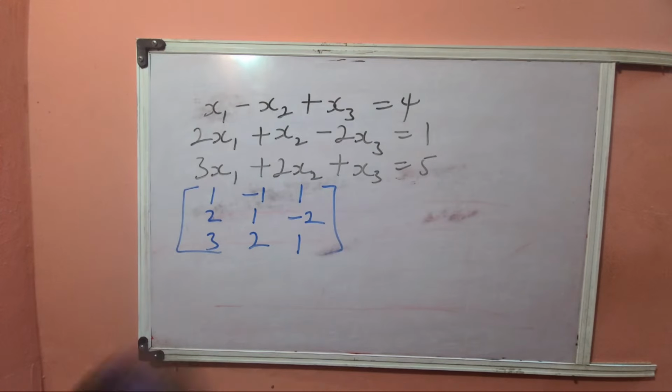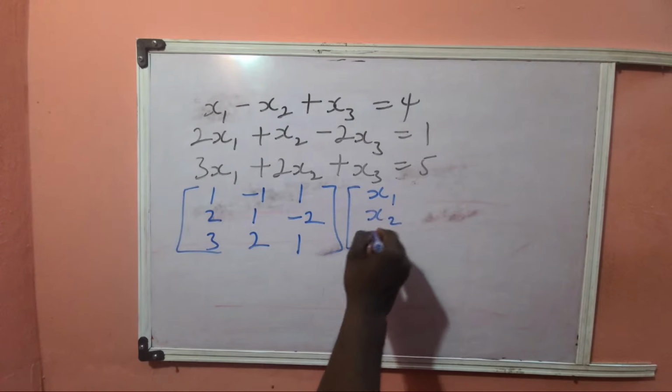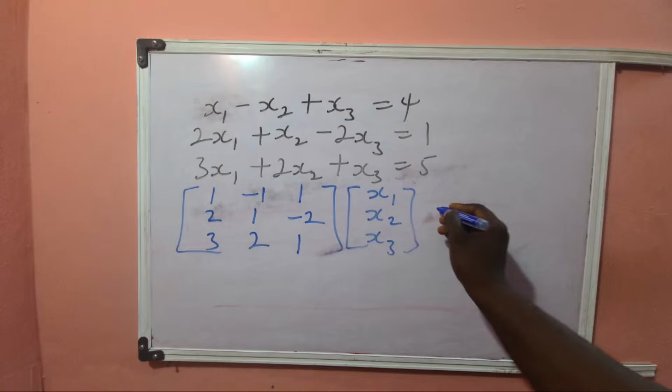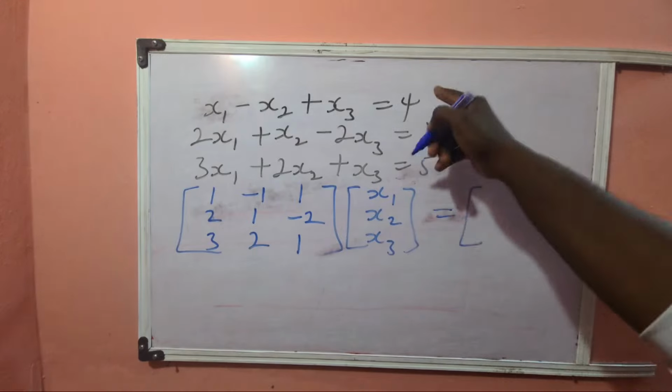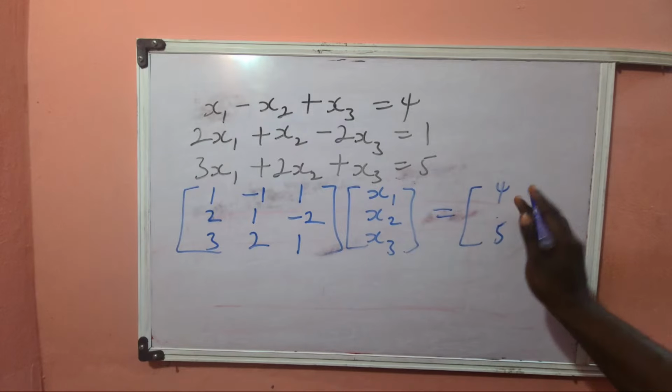Now, don't forget, we're going to have a matrix identifying the variables. So that is the second thing you need to do. And the last matrix you'll be having will be the matrix identifying the constants. That'll be 4, 1, 5.